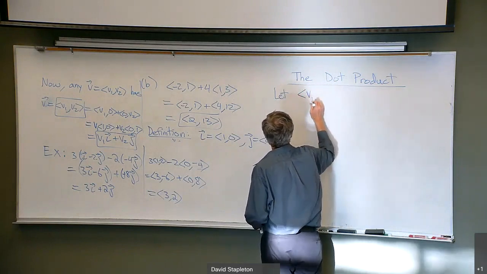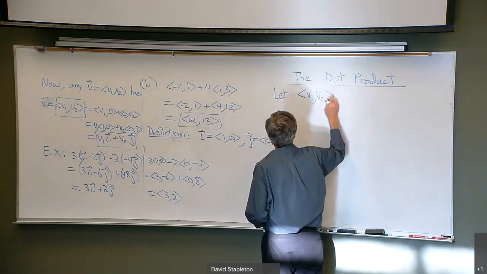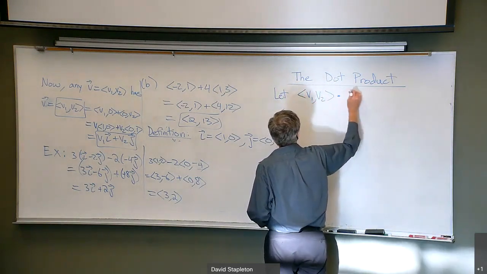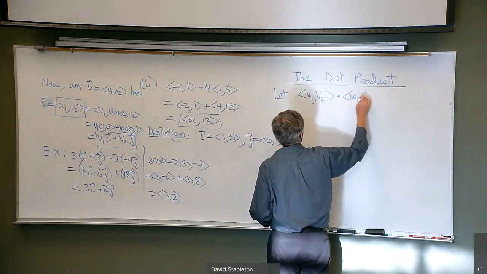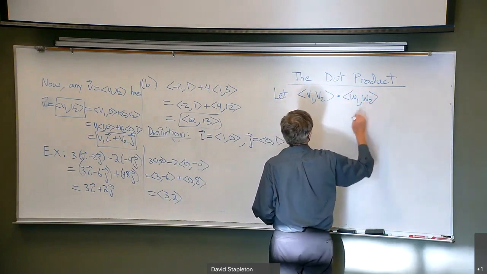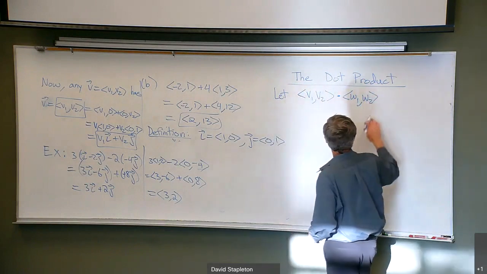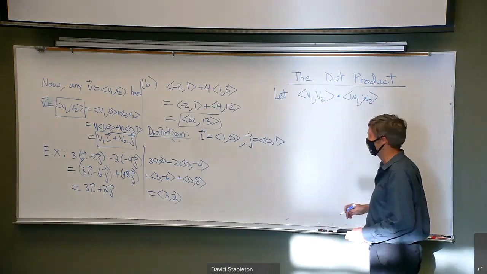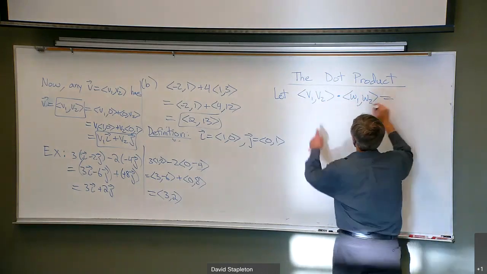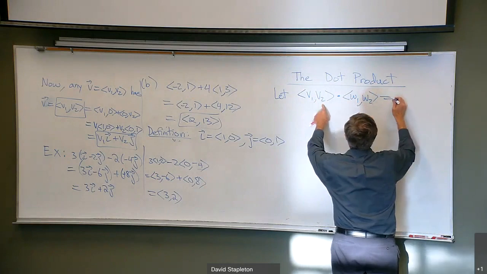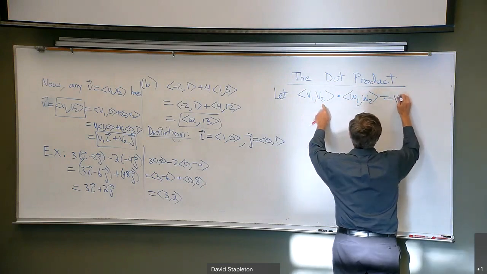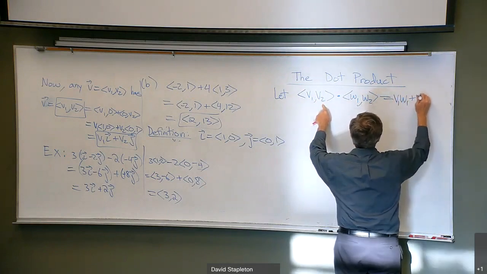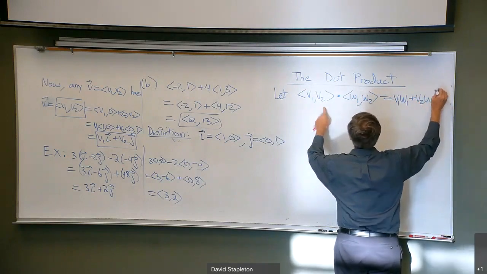Let V1, V2 dot W1, W2 have this very easy definition. It says this times this plus this times this will define the dot product of these vectors to be V1 W1 plus V2 W2. That's all there is to it.